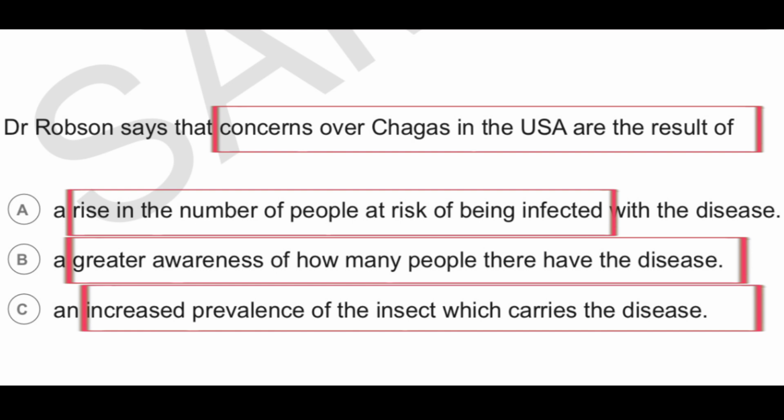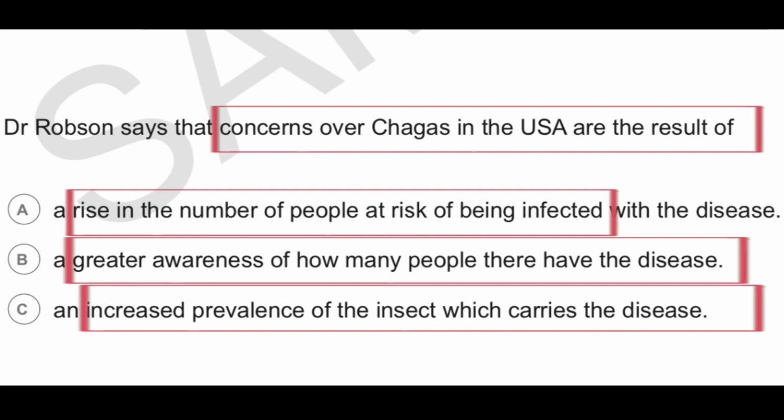Right. These people won't infect others, apart from congenitally and possibly through blood transfusion, but a significant proportion end up chronically ill.